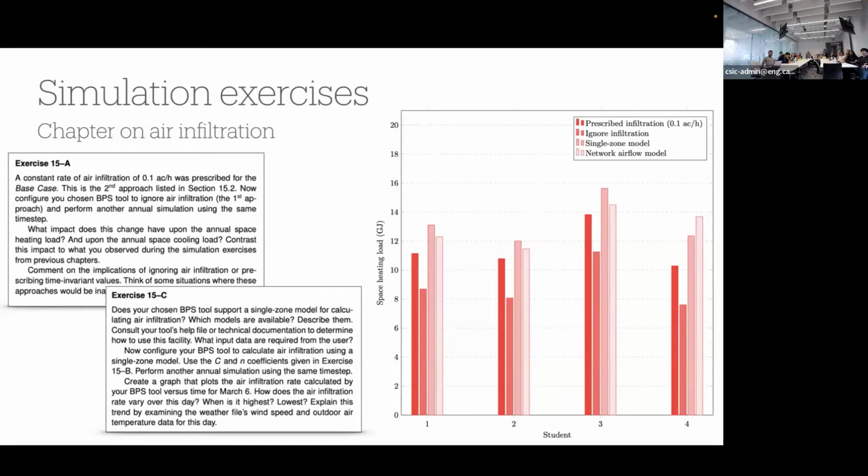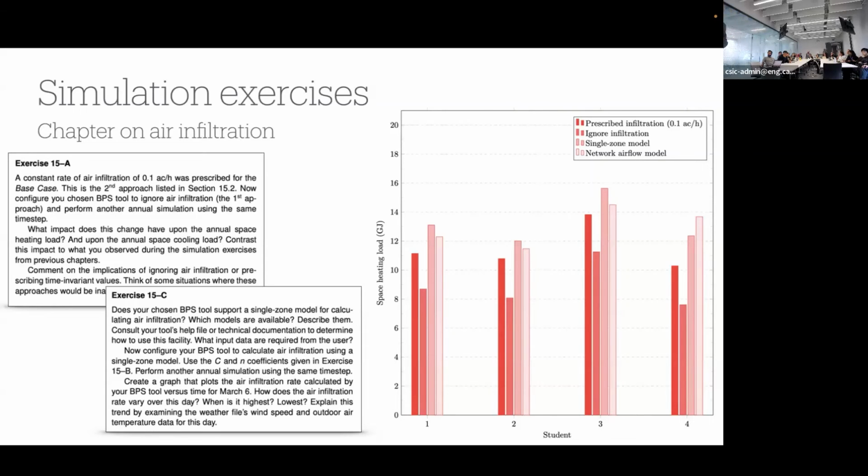And another common approach is to prescribe a flow rate. So we'll contrast those two simulation results. And that's what we see, different student results here, contrasting the simulation prediction on space heating. And they can see right away that has a big impact on space heating results. That's far more significant than getting a solar absorptivity right.